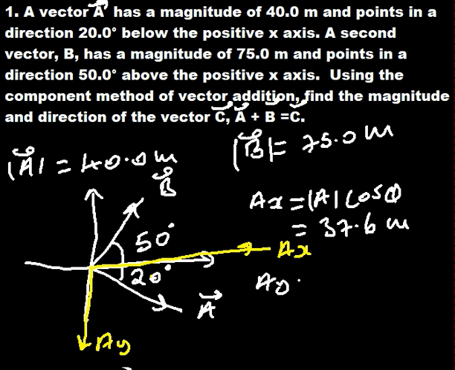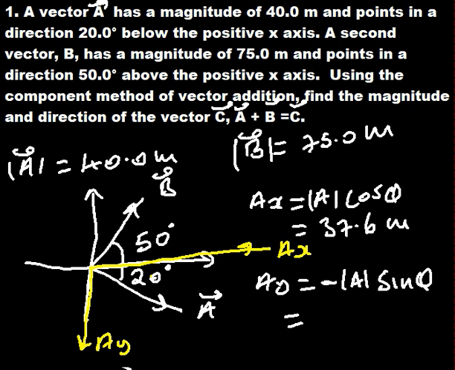And how about the y component of vector A? Since the y component is pointing downwards, it will be negative. We'll have to indicate negative here. So we have negative the magnitude of vector A times the sine of theta, which is 20 degrees.